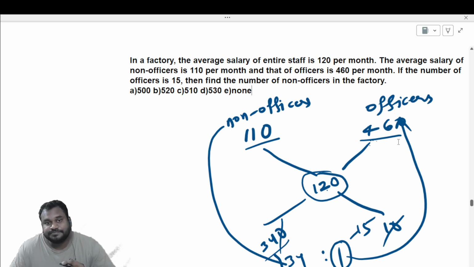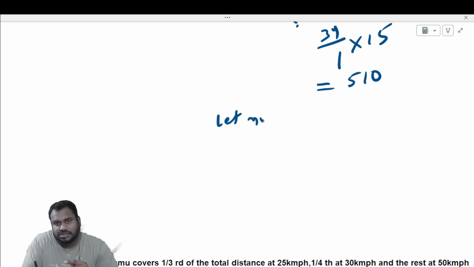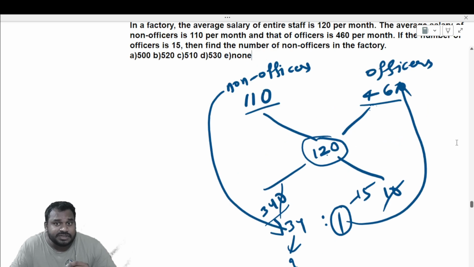See, here, in the other method, the unknown thing is assumed as x or k or something. When we assume the number of officers, then find the number of non-officers. I will assume the number of non-officers. Let non-officers be equal to K. The average is given.